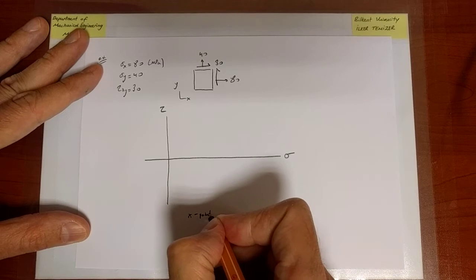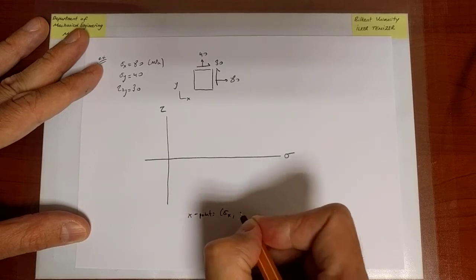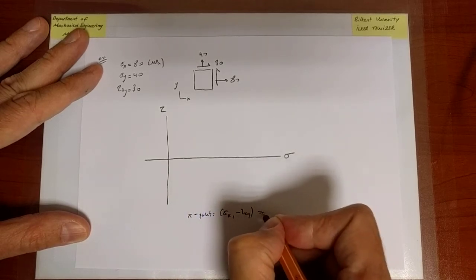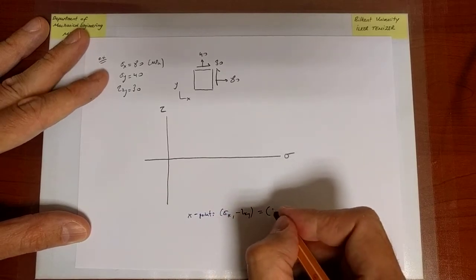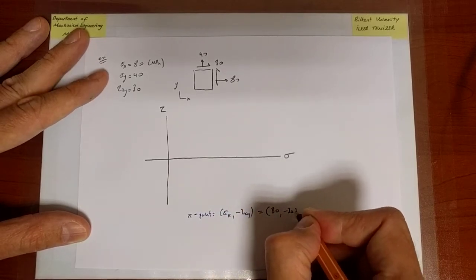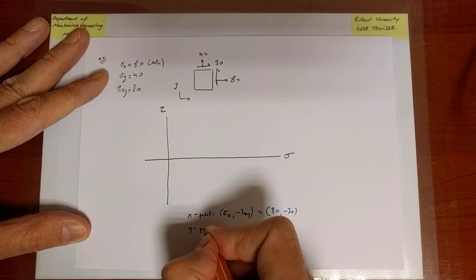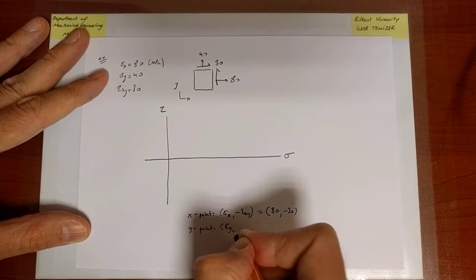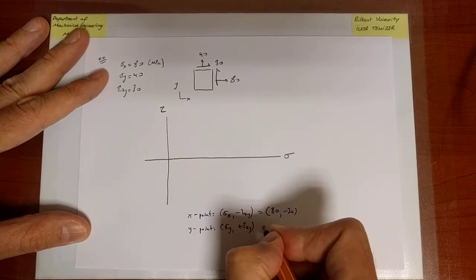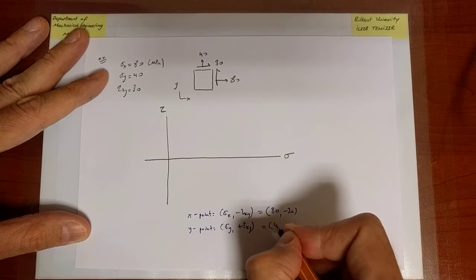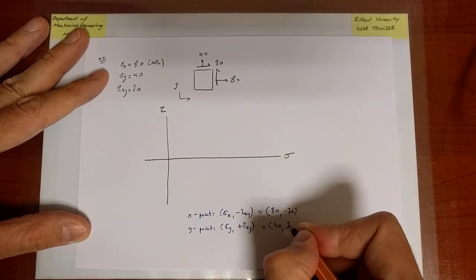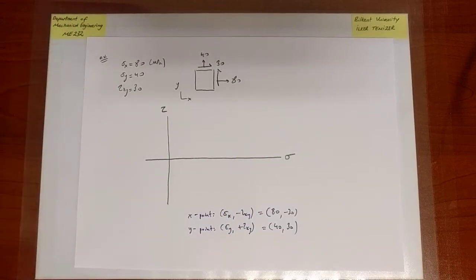So the x point is, again, here I'm reminding you again and again how to pick those points. So it's sigma x, minus tau xy, minus 30. The y point is going to be sigma y, plus tau xy, which is equal to 40 plus 30. And the Mohr circle is so critical to many of the things that we're doing. We should get a good grasp of it.